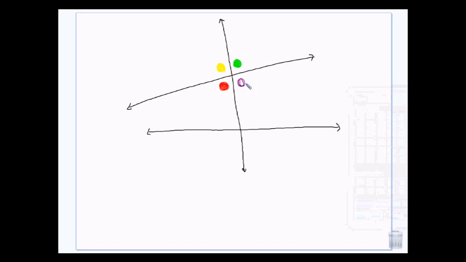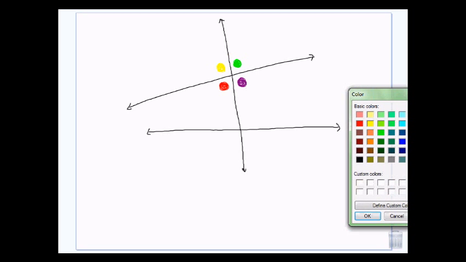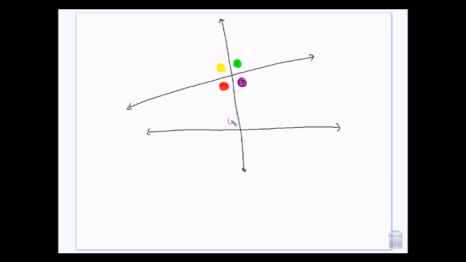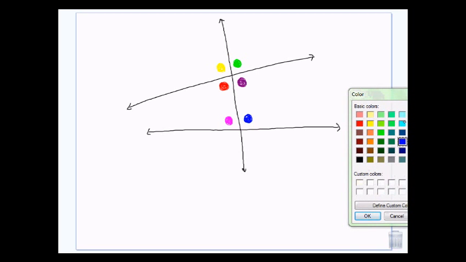Okay. And hot pink and blue. How about brown?